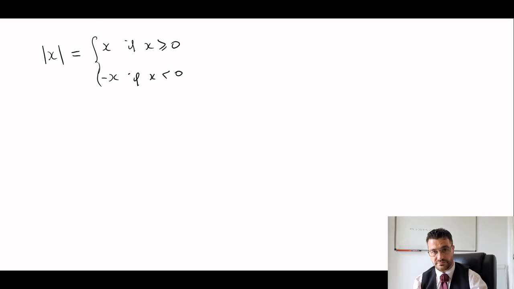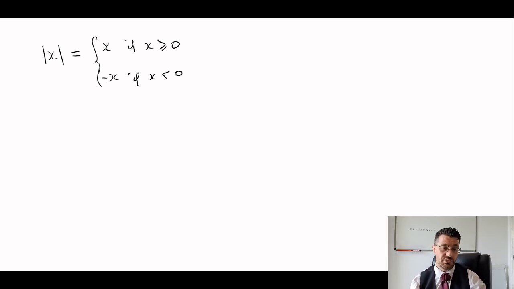The modulus of x, which we symbolize as x with two vertical lines surrounding it, is equal to x if x is greater than or equal to 0, and it's equal to -x if x is less than 0.